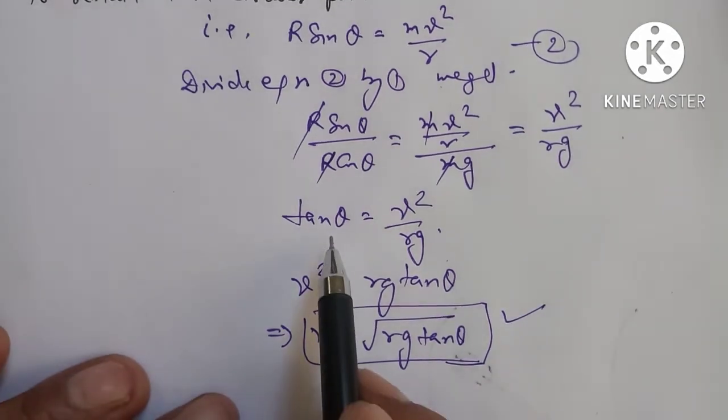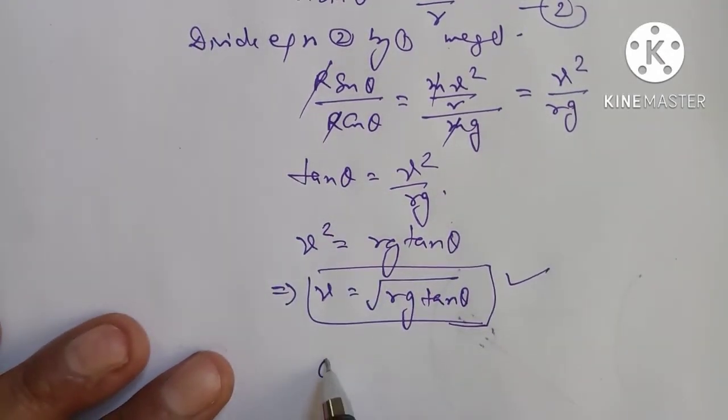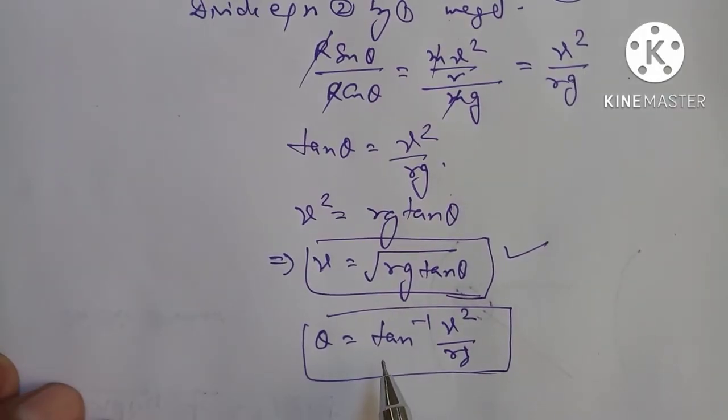Now if we rearrange from here, we get the value of theta. So theta is equal to tan inverse of v square upon rg. From here you can see clearly theta depends upon v, that is velocity, and r, the radius of the circular path.